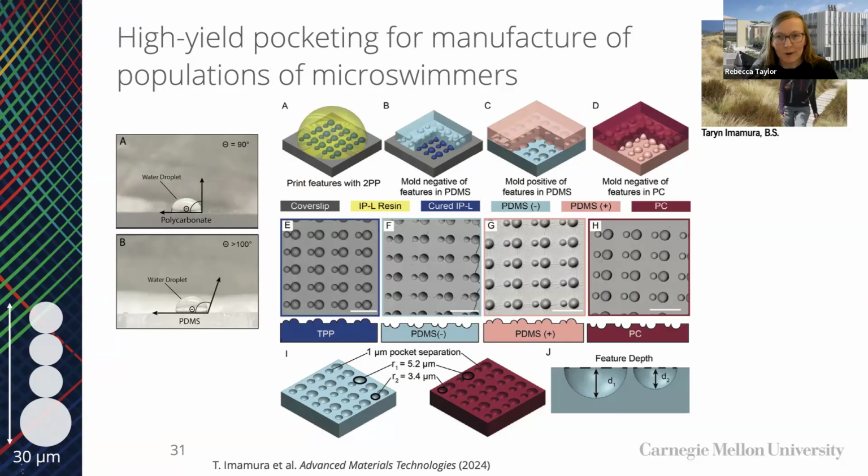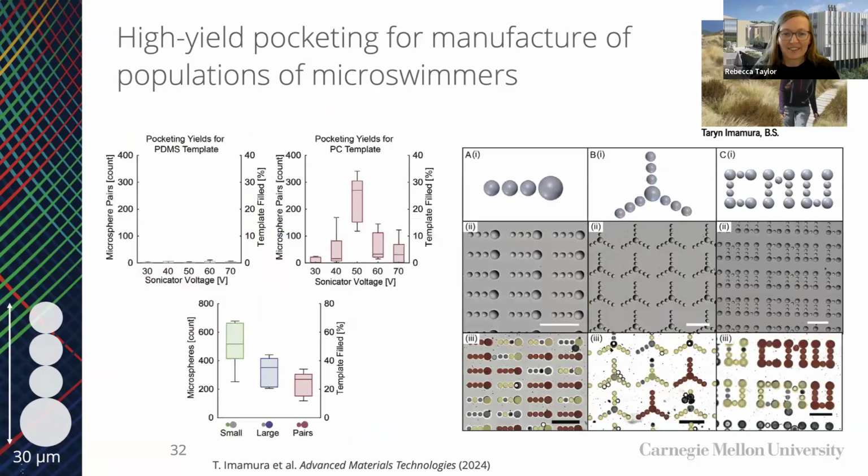We have a recent paper out where Taryn tuned the surface energy of her templating material. She ended up using polycarbonate instead of PDMS. In that case, she could show that going from basically non-existent pocketing yield, non-zero but very low for PDMS, she could get a really, really high yield pocketing behavior.